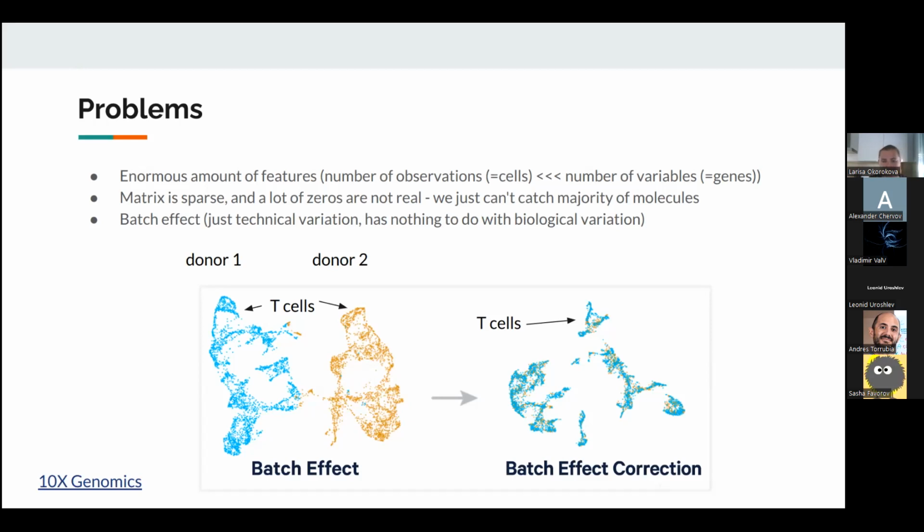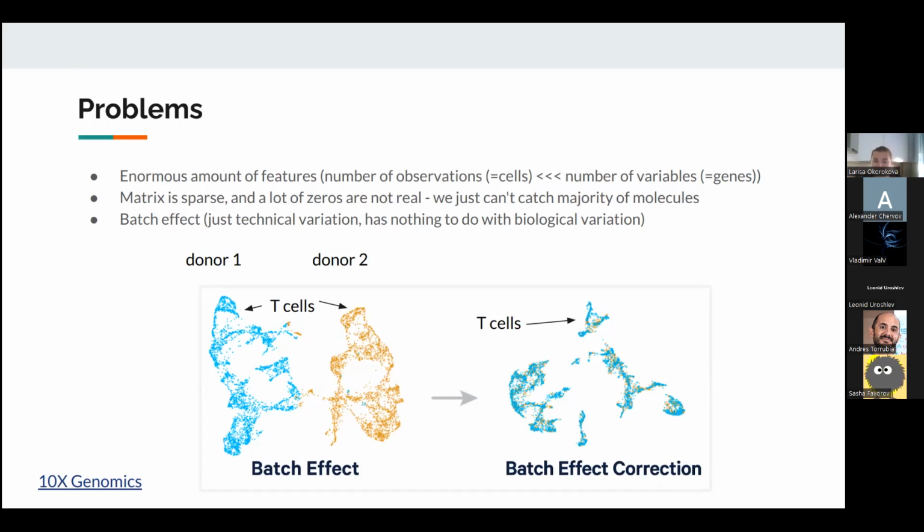T cells in all humans actually do the same thing. They have the same function, the same molecular background, the same morphology, let's say.